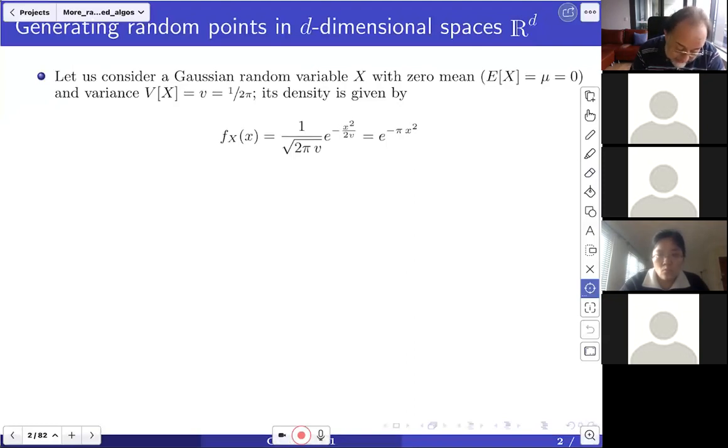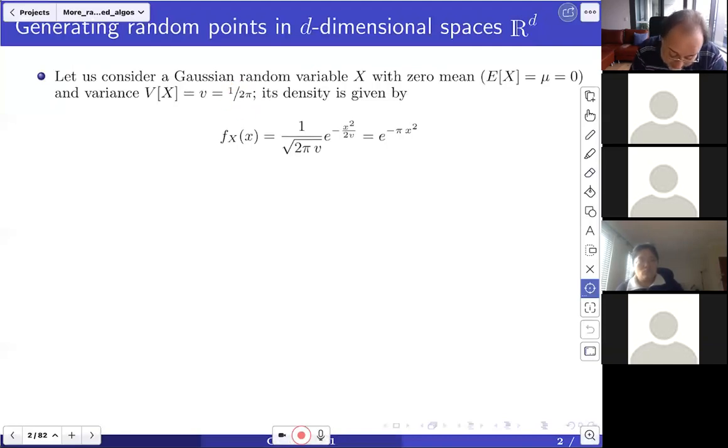So let us now make the following thought experiment. We consider a Gaussian random variable x with zero mean and a variance that we choose only out of convenience. It's really not at all important, just the formulas are neater. You can set the variance to 1 and then formulas get a little bit messier, but not by much. But let's set the variance to 1 over 2 pi.